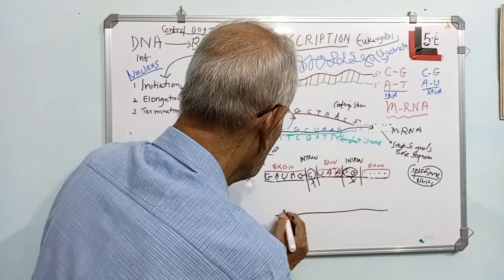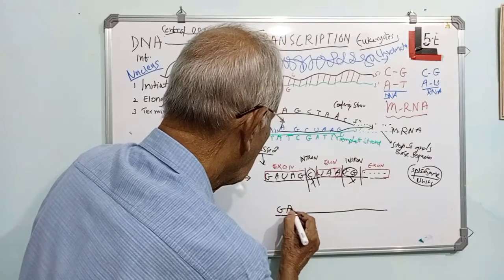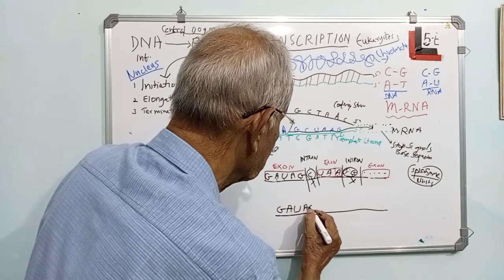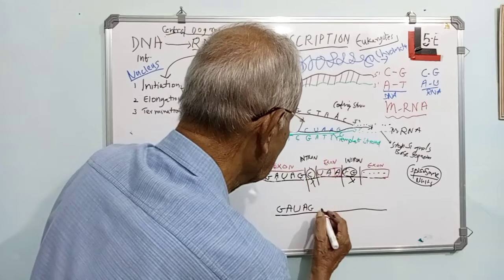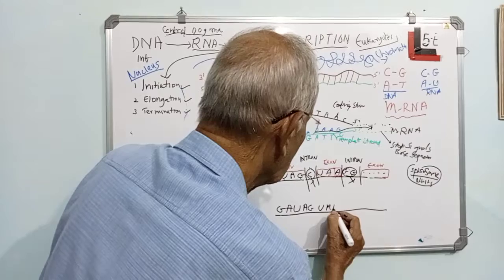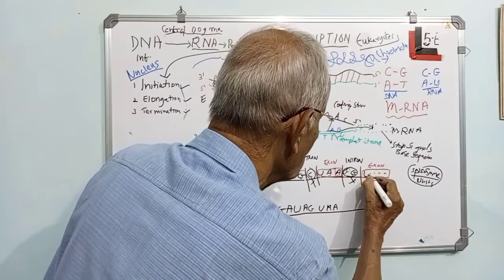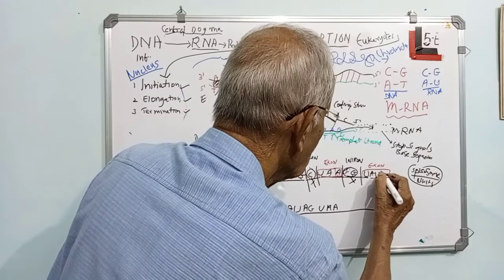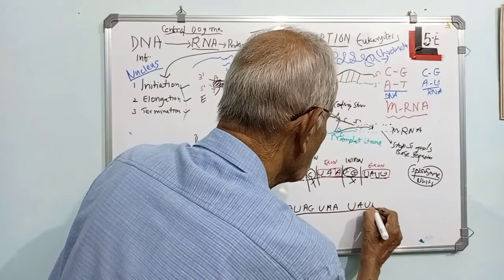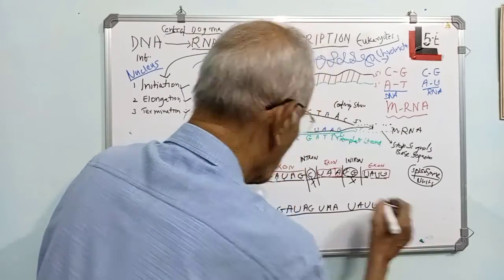Now these are removed. Now we have guanine here, adenine, uracil, A, G, and this C is not there, and then we got a U, A, this CG is not there, and therefore this may be U, A, U, U. So we have U, A, U, U.